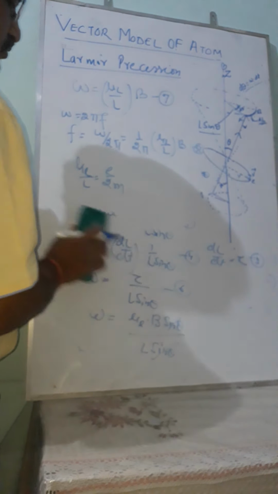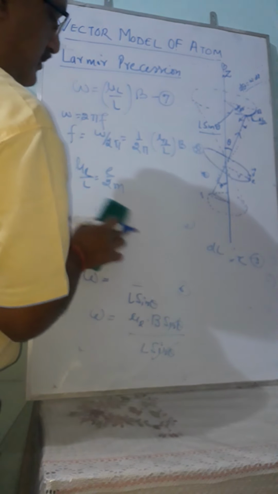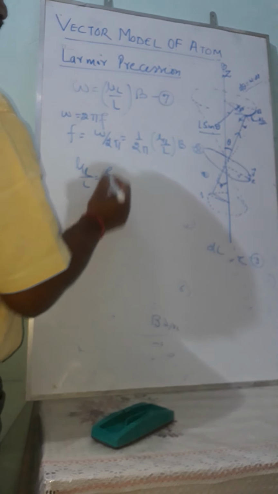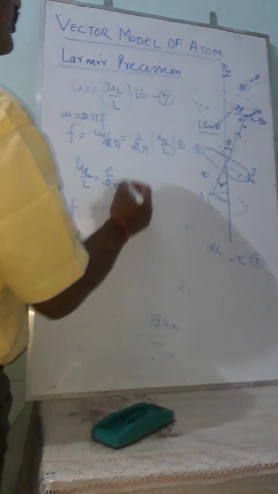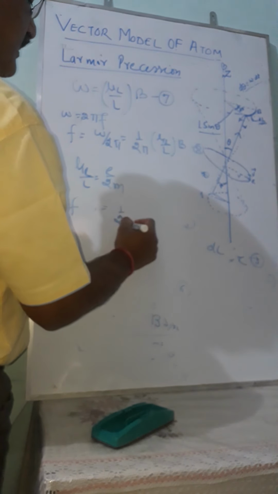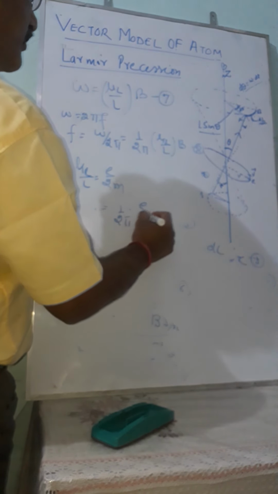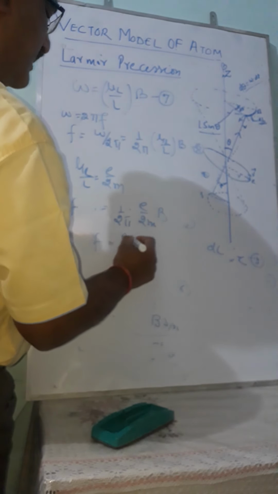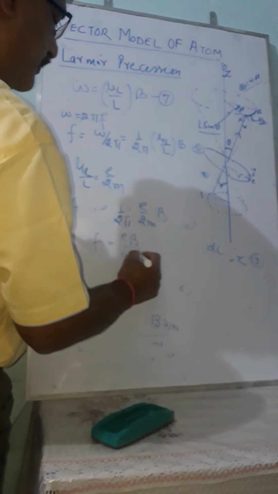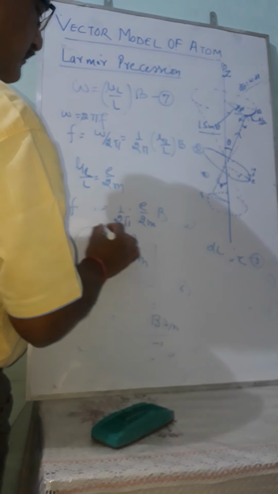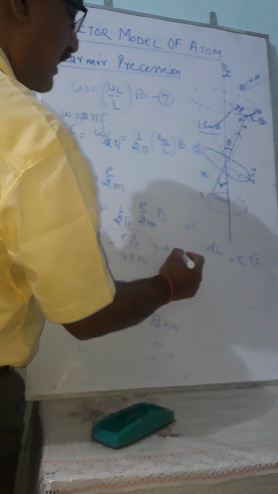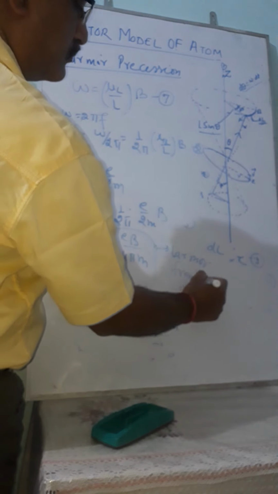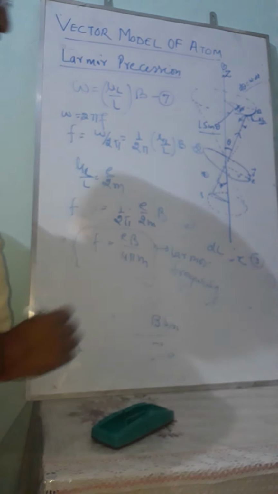Putting this value, f is equal to 1 upon 2 pi into e upon 2m into B, or f is equal to eB upon 4 pi m. This is the Larmor frequency.